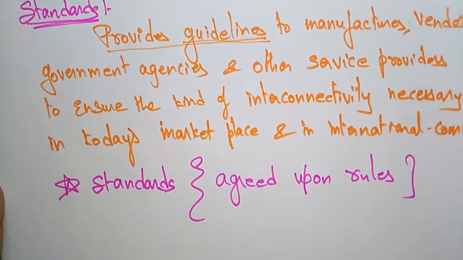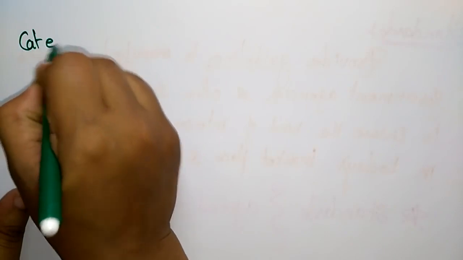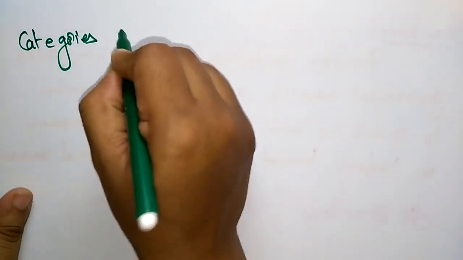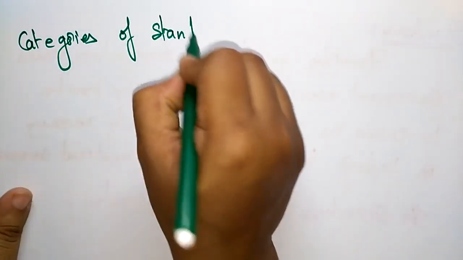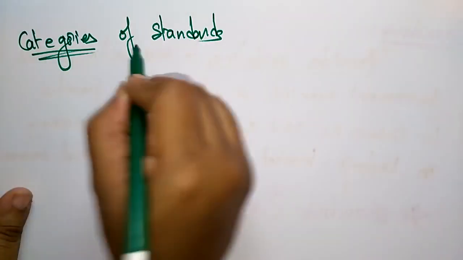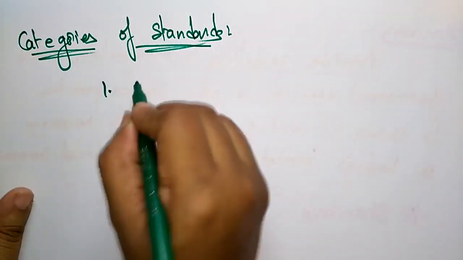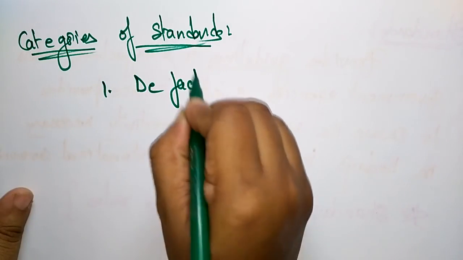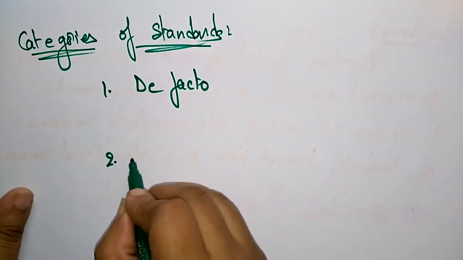Different categories of standards are there. Let me show you. Categories of standards. What are the categories of standards? One is de facto and another is de jure.